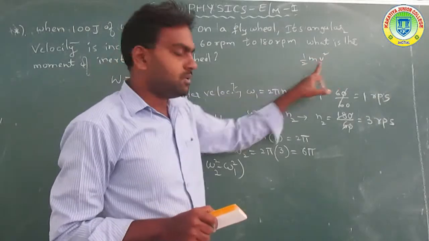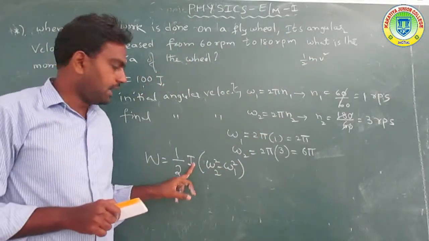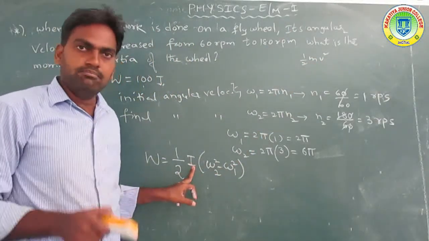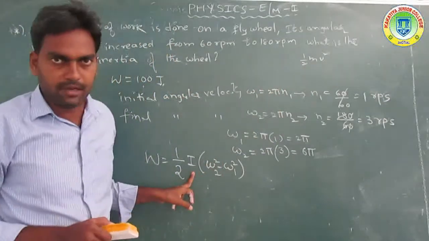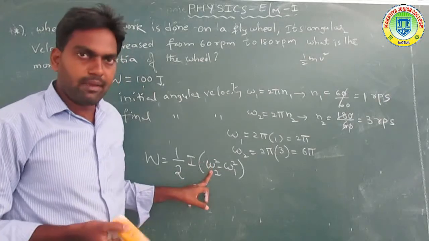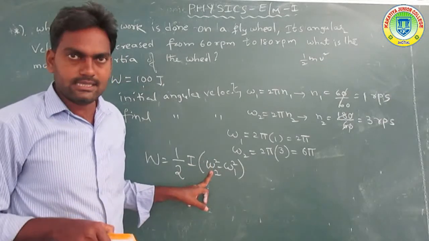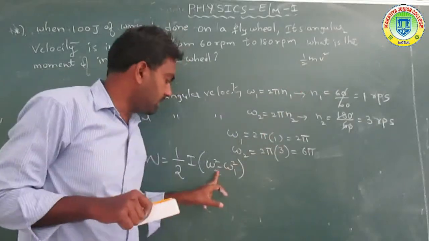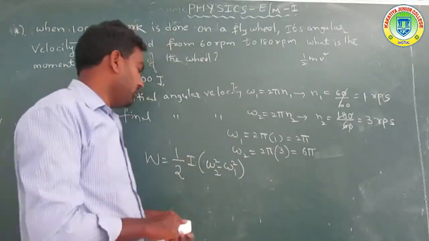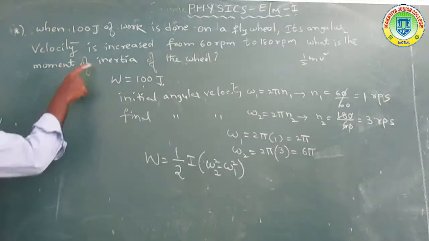This is translational motion, this is rotational motion. Here I is the moment of inertia instead of mass, and omega is the angular velocity. Got it? So now we find the moment of inertia.